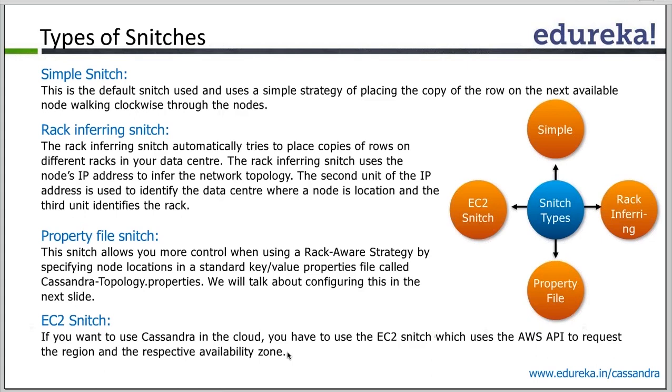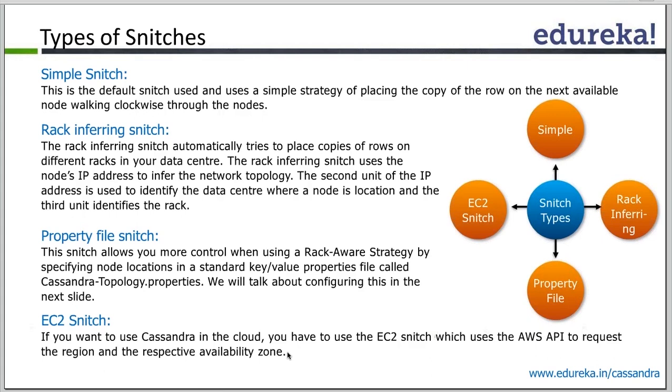And there is another snitch called the EC2 snitch, which is very specific to Amazon clouds, Amazon Elastic Compute Cloud. In the case of Amazon, the location of your VM keeps changing, because you don't really know the physical part of it.